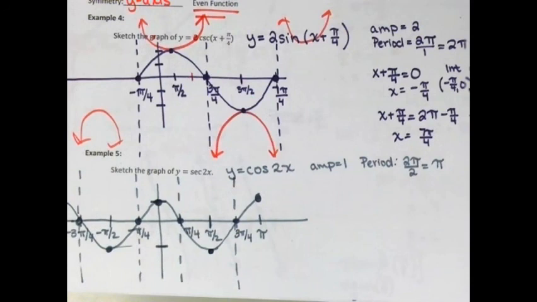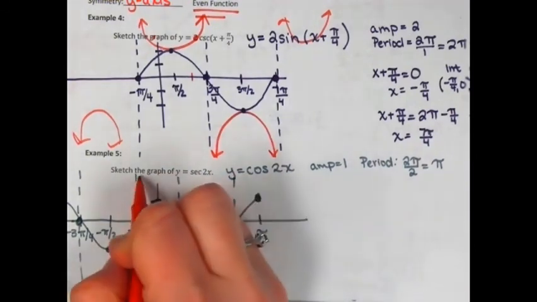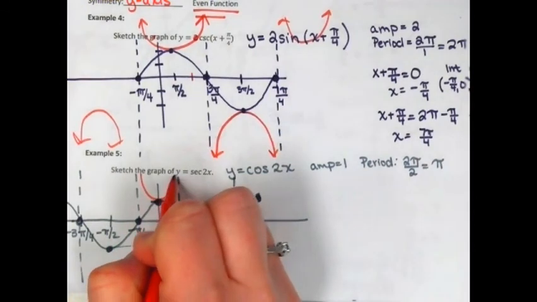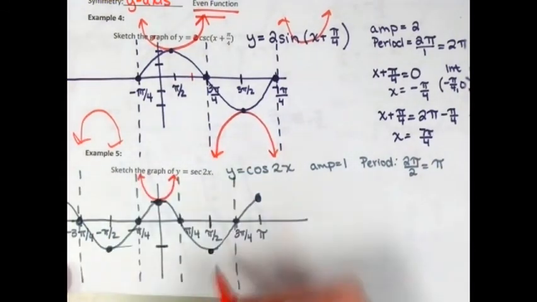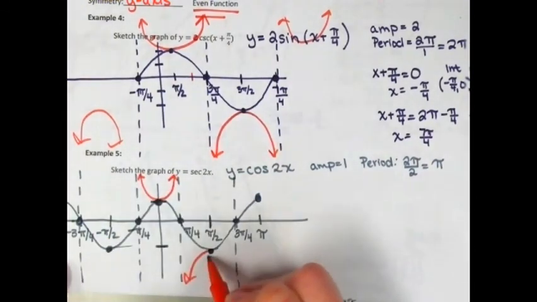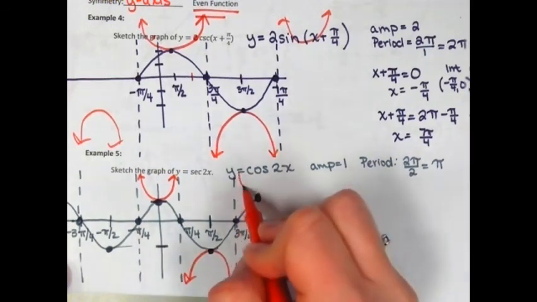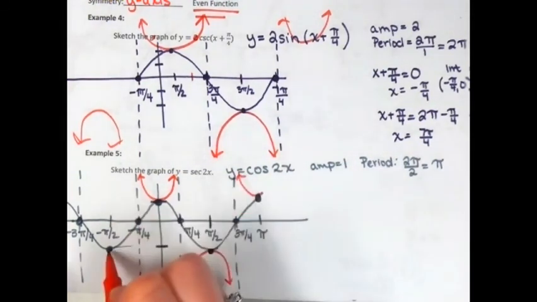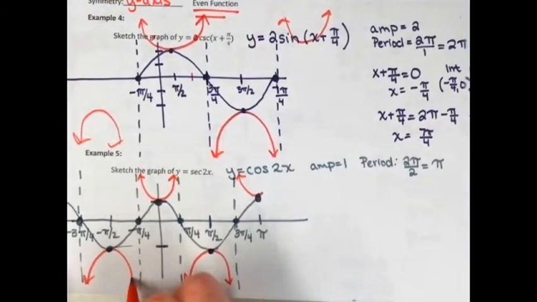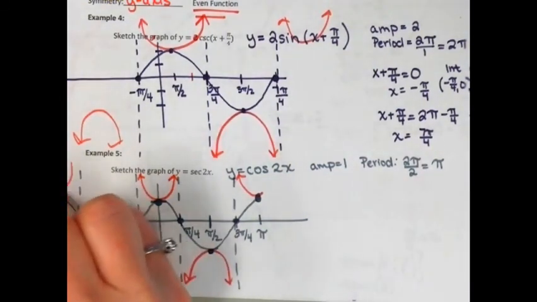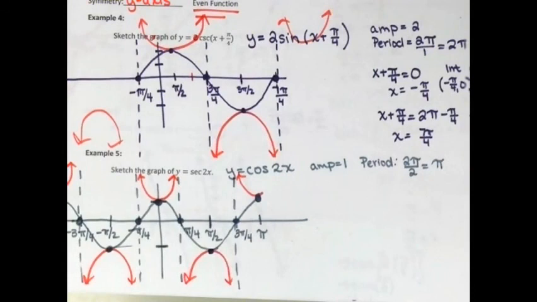No, okay? Now, once I have my cosine here, can I draw my secant? Yeah, my secant goes in between the asymptotes, and we always have our parabolas with our max and our mins. There you go. And there's your secant.